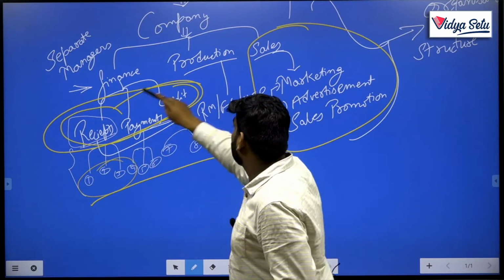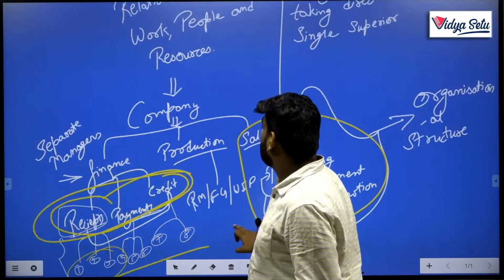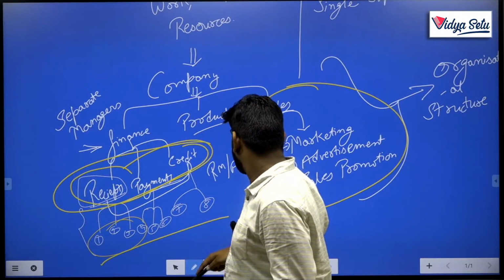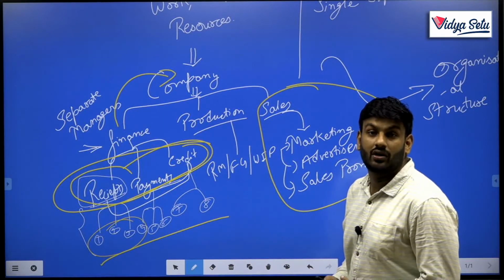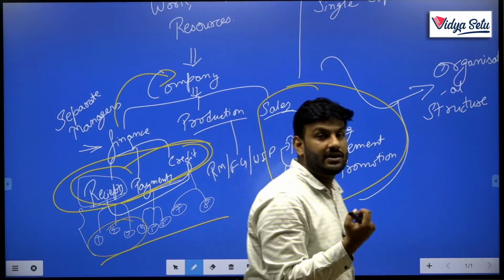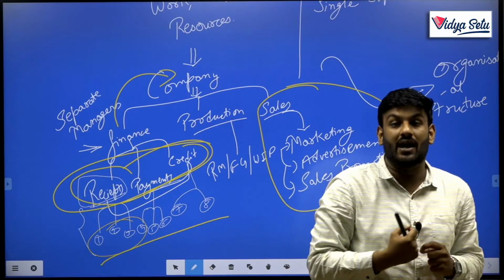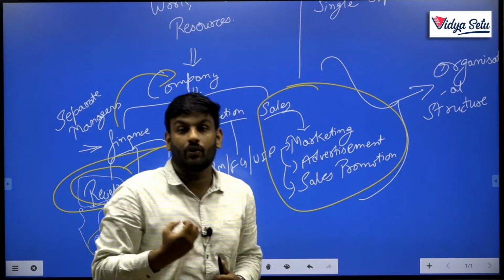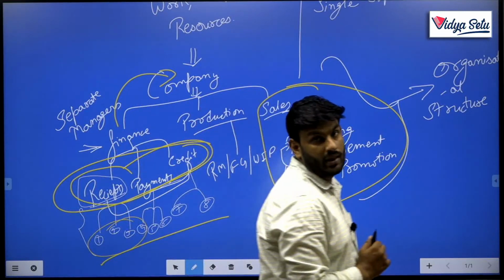These superiors deal with the finance manager, production manager and sales manager respectively, and then these managers deal with company policies, top management, board of directors, etc. So span of management is a narrow term which can be expanded to make an organization structure, and organization structure is a wider term as compared to span of management. Clear?